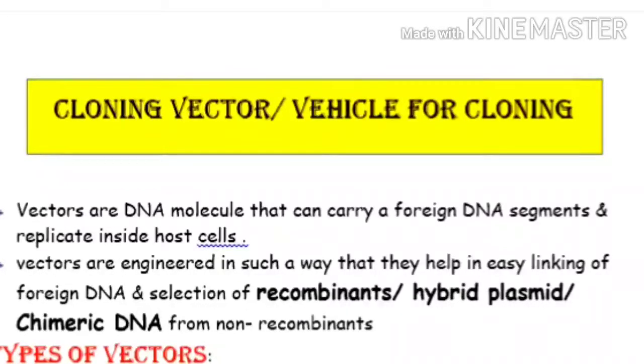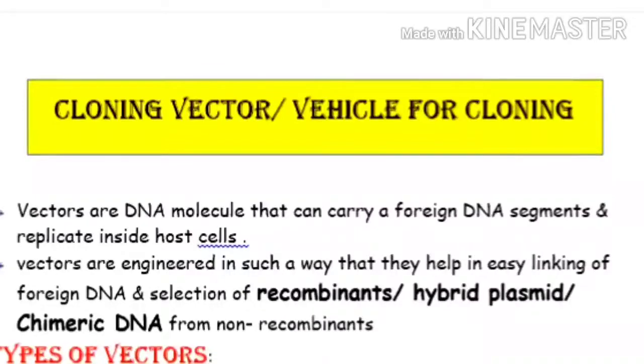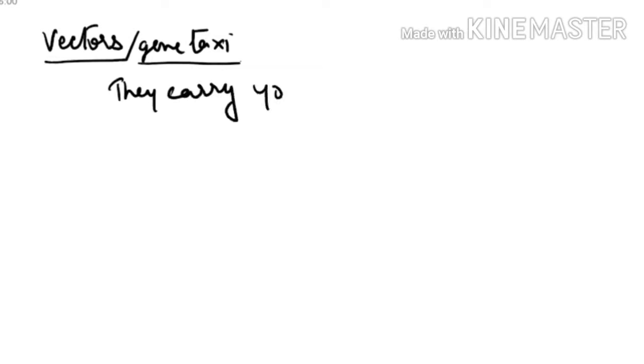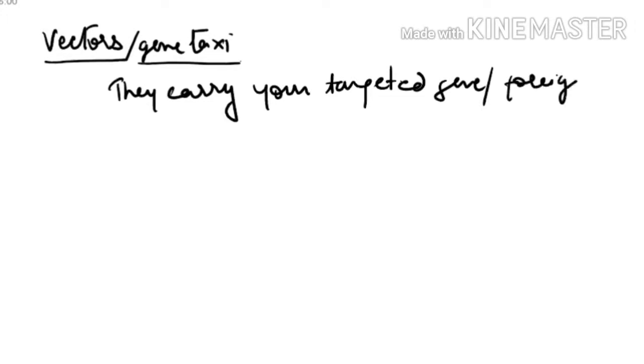So in this video, we are going to study the cloning vectors which we use for cloning genes in recombinant DNA technology. Now try to understand what vectors are. Vectors are also known as gene taxis, or you can say they work as an agent which carries your foreign gene, your targeted gene, into the host cell, into the bacteria.